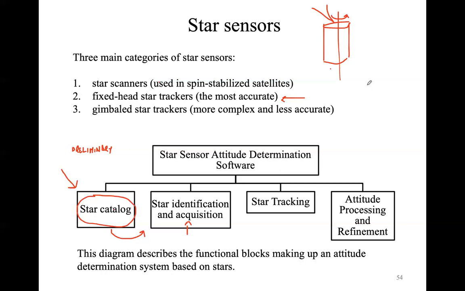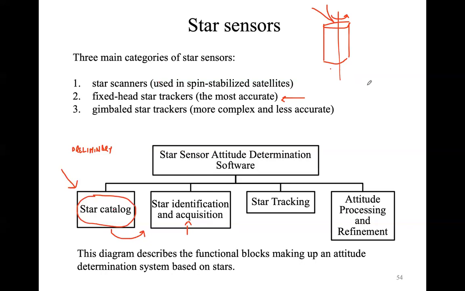You also have the possibility of a much more complex instrument in which the star sensor itself is not fixed on the bus or the optical bench frame of the spacecraft, but can move. This movement is provided by gimbals, so it is called the gimbal star tracker. It is the same principle as the gimbals of antennas.